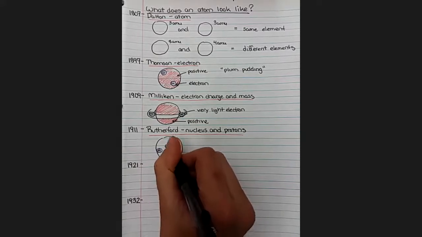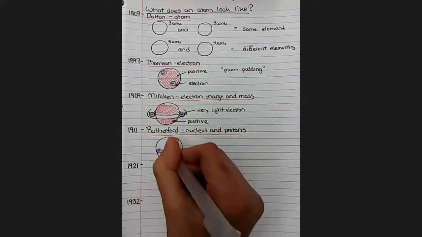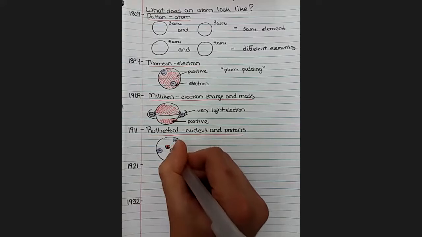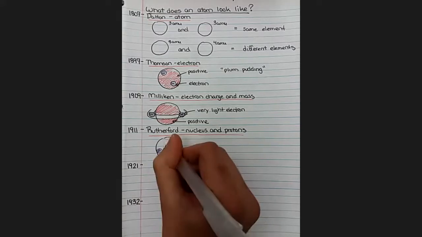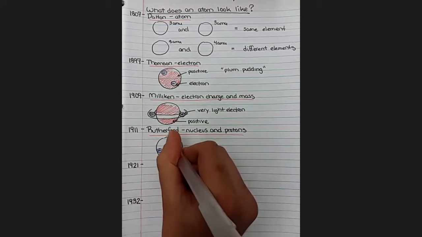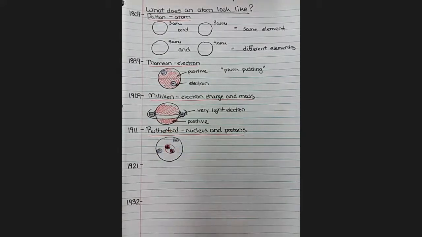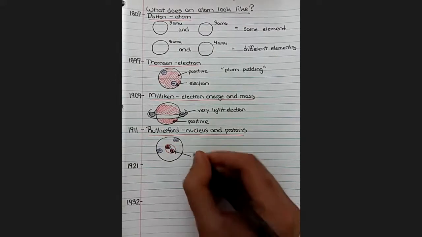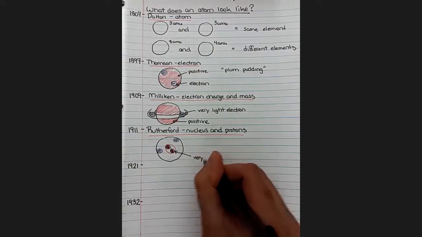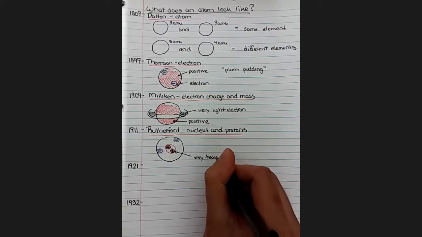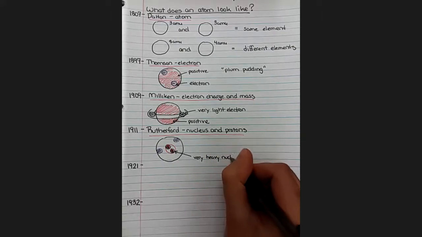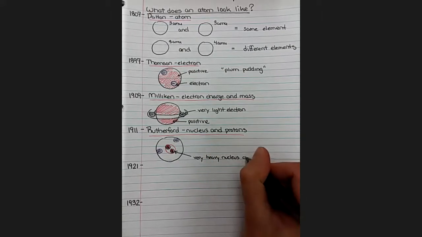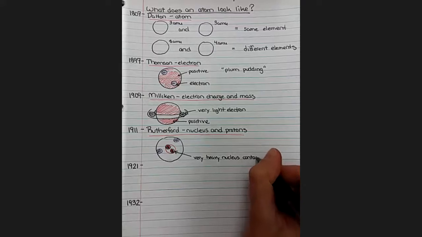And that positively charged center is going to contain positively charged particles called protons. So we'll circle around that. So this is our very heavy nucleus containing positively charged protons.